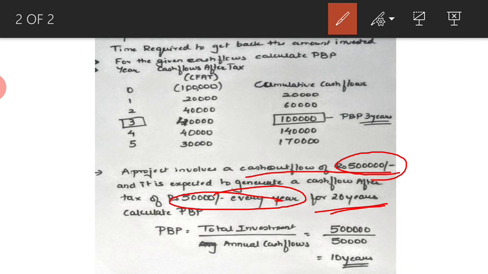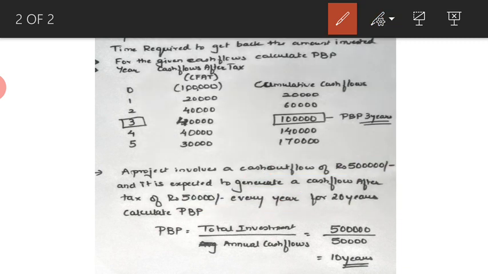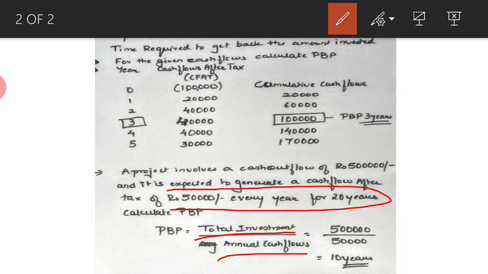If such cases are given, then we can directly use the formula of payback period. What is the formula? It is the initial investment divided by annual cash flows. Again I am repeating, we can use this formula only when the cash flows are uniform, that is, the same throughout the life of the project.